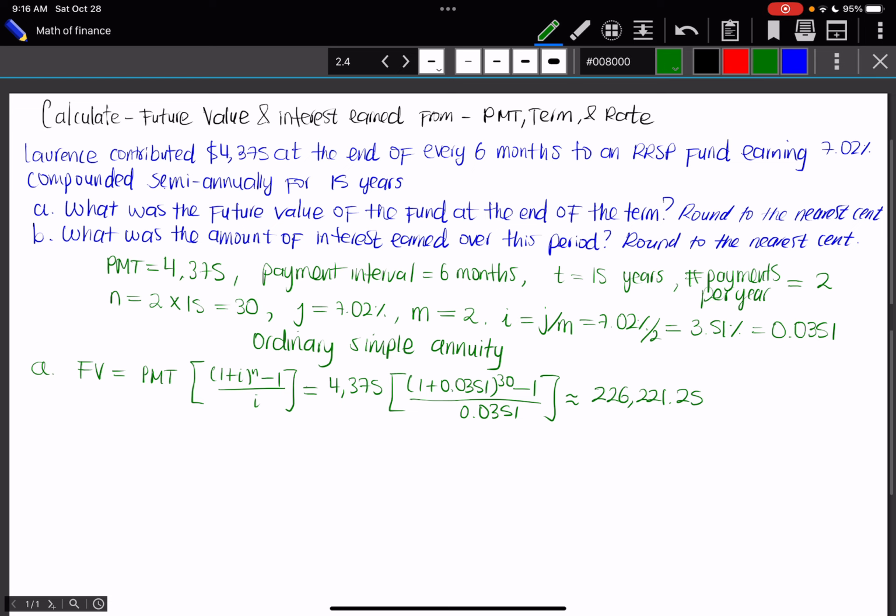If you're using a calculator to compute future value, make sure to go with something like this.